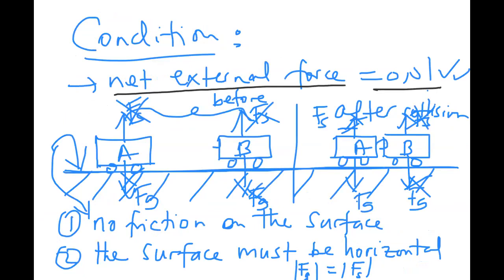Usually these problems do say to ignore friction, or they say the collision is happening on a flat surface. That's a green light for you to use the principle of conservation of momentum.